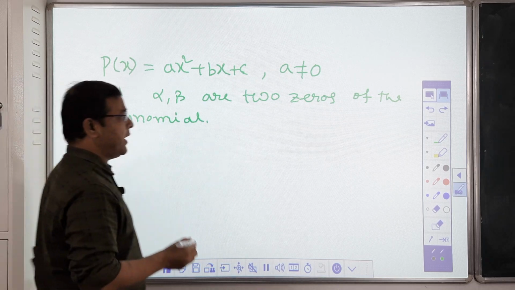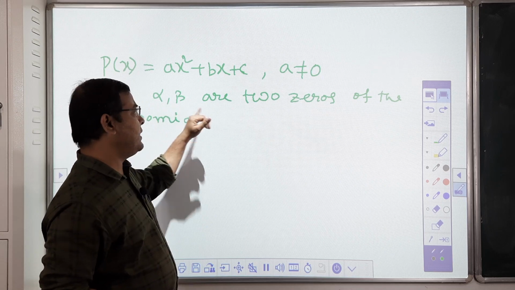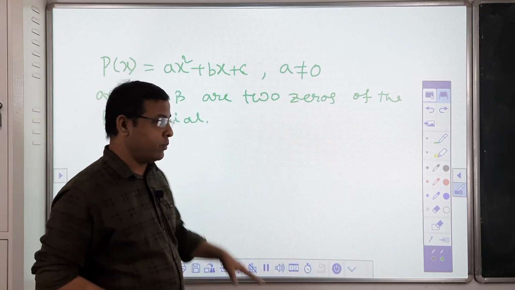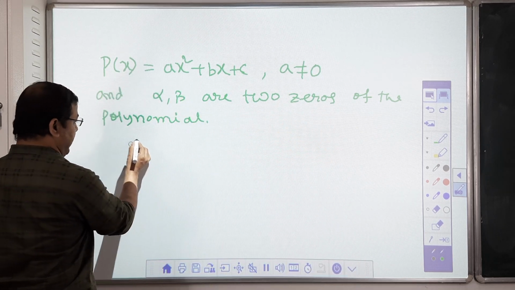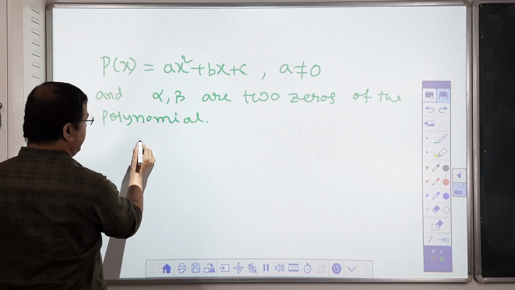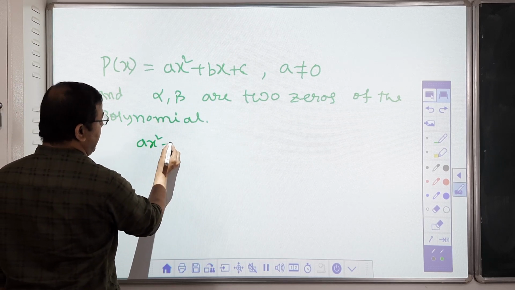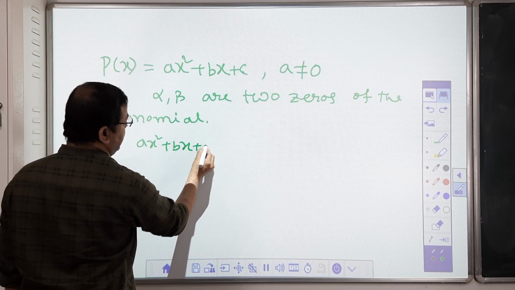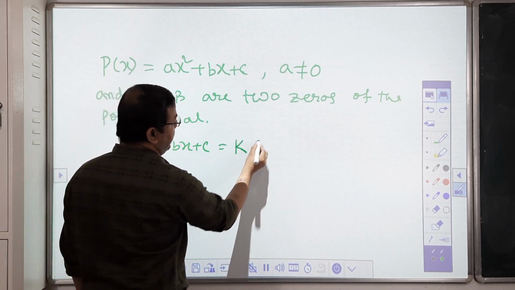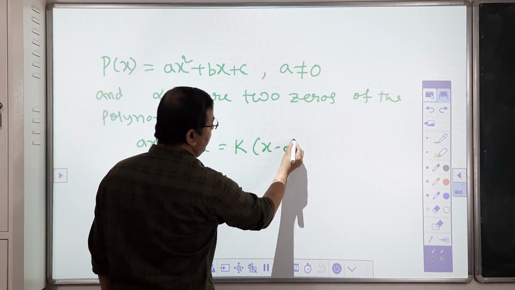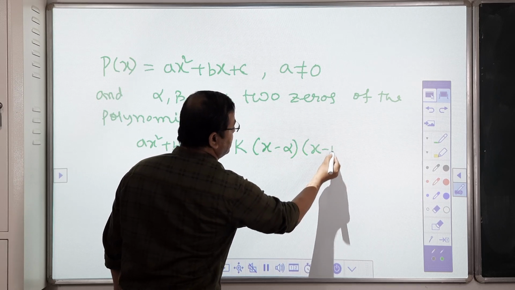Since alpha and beta are two zeros of the polynomial, we can express ax square plus bx plus c is equal to k into x minus alpha into x minus beta.